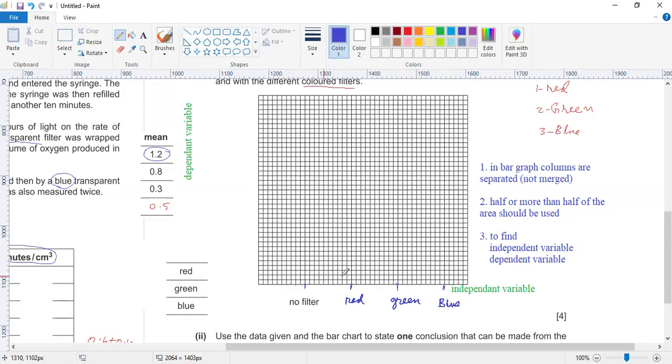The width of the bars must be the same. You cannot use different widths.